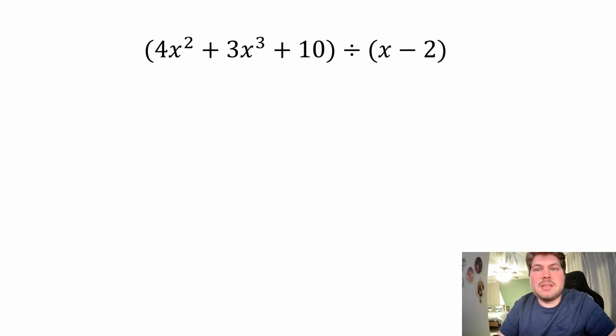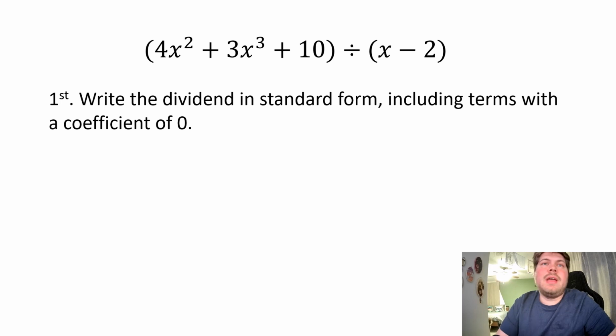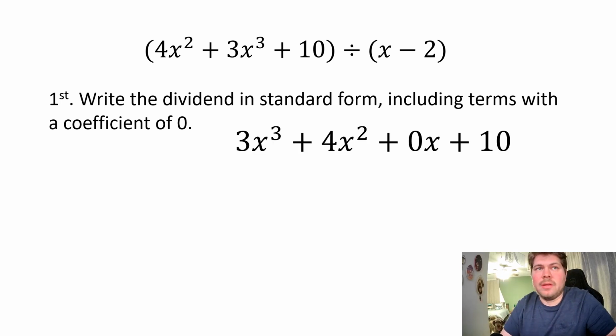So we're going to put this in standard form. And remember, I kind of told you the zeros are going to come back into play. If you're missing a term in the sequence, it's going to be represented by 0.